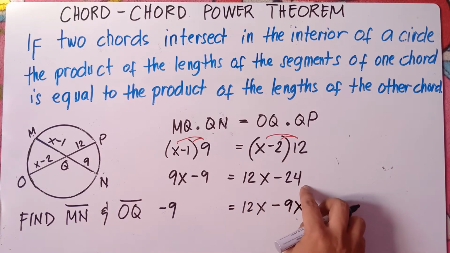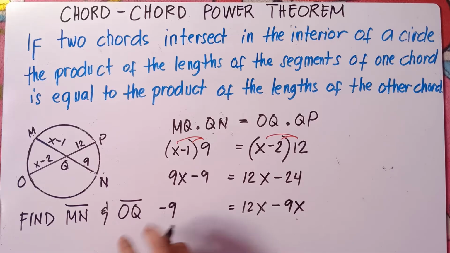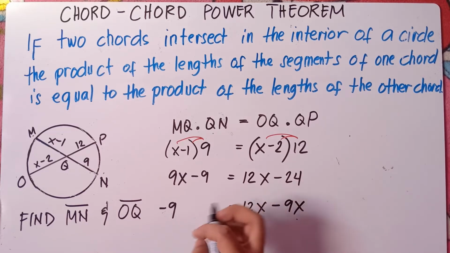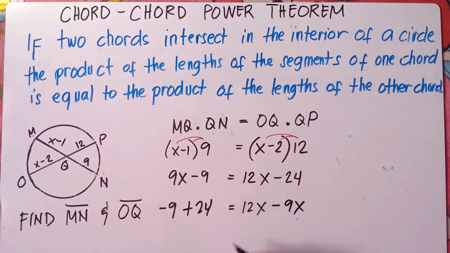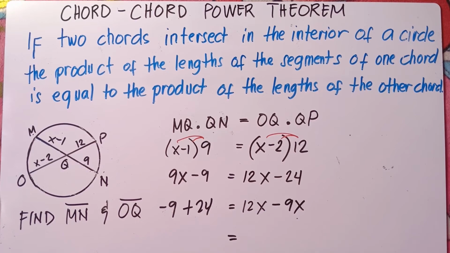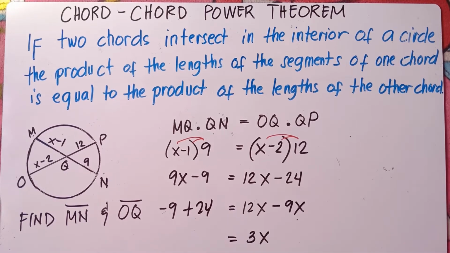Transpose 24, this is negative 24, to the left side. Negative becomes positive, so plus 24 equals, 12x minus 9x, which is 3x. Negative 9 plus positive 24: if the signs are not the same, subtract, then copy the sign of the larger number.